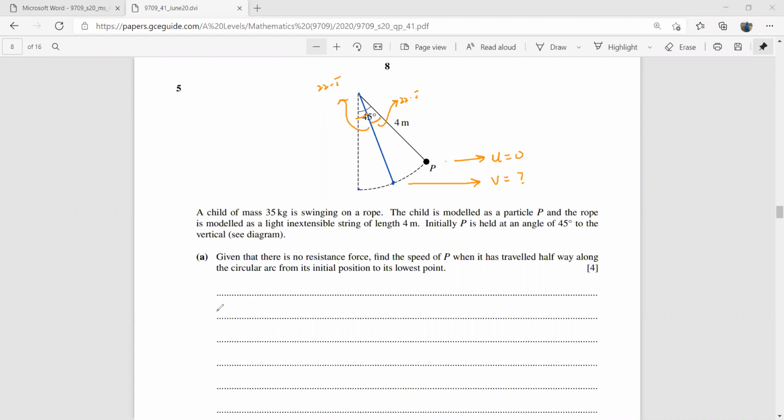If you call this point A here, and this is the point B over here. When it moves from A to B, it will gain speed. Kinetic energy will be increasing while moving from A to B. On the other hand, the potential energy will be decreasing while moving from A to B because its height is decreasing and potential energy depends on the height.